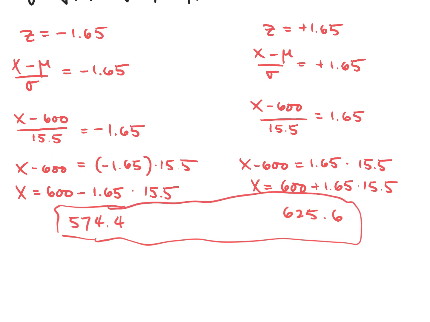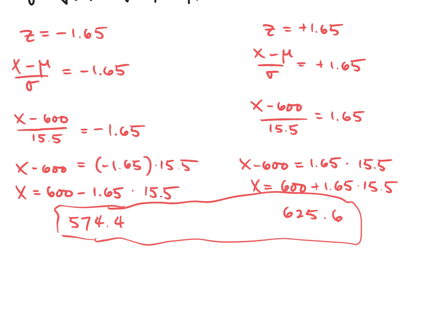The best explanation is there's a 90% chance that the pollster will get an answer in that range. In this size sample with this value of p, there's a 90% chance that the answer would be somewhere within that range. Really, you could just look at 1.65 times 15.5 and say there's a 90% chance that you only get this amount of people wrong.